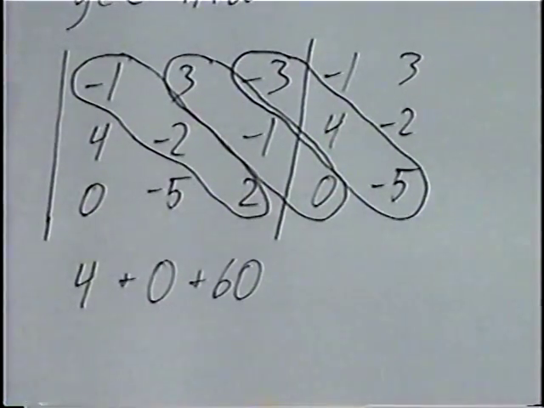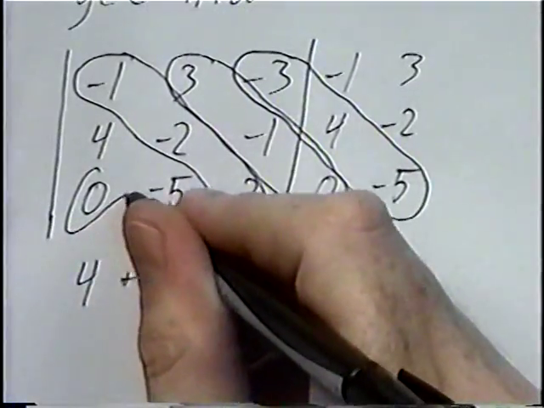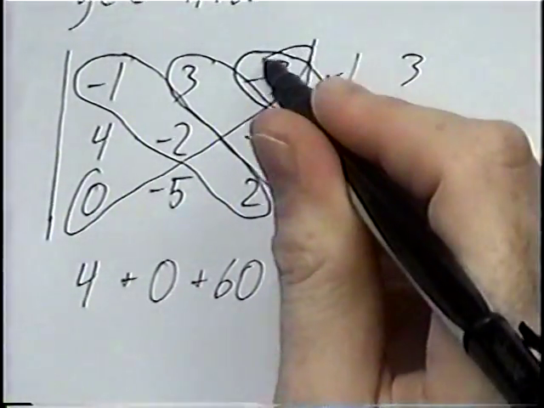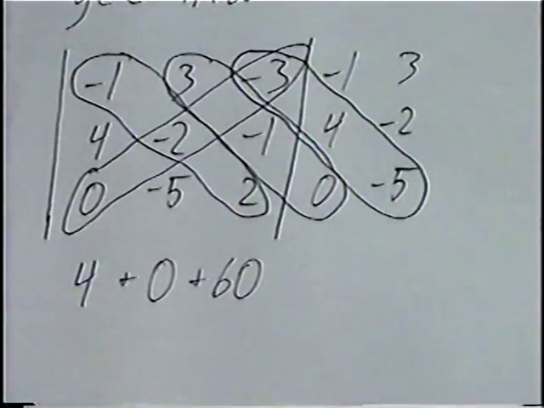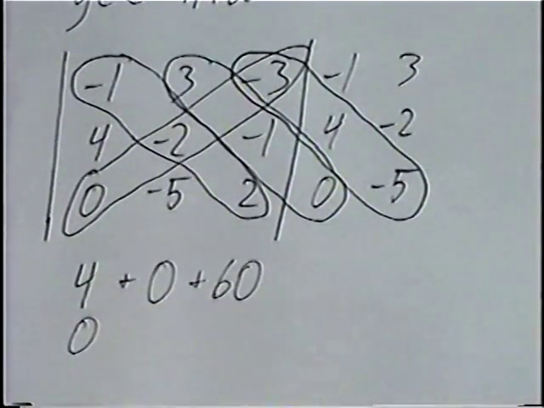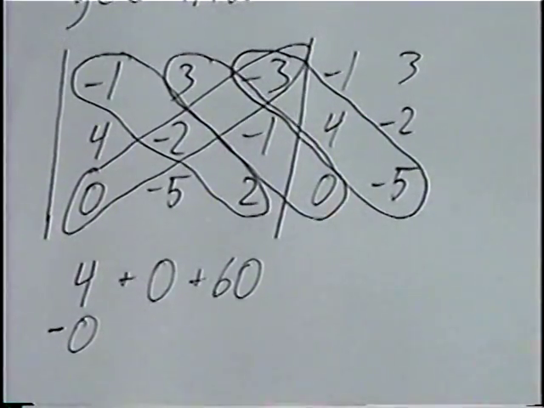The second part of the question, we'll start at the bottom left, go into the top right. We'll have 0, -2, and -3. Multiplying those numbers, since we have a 0, it will be 0, and we'll be subtracting the diagonals that go upwards.